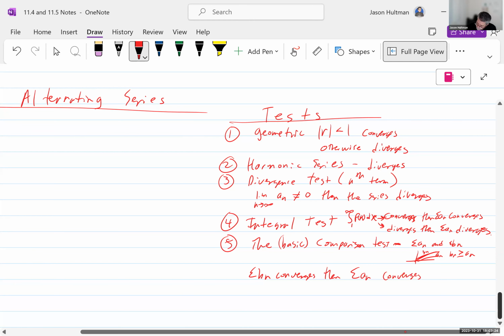But if a sub n is the smaller one and it diverges, then b sub n also diverges.